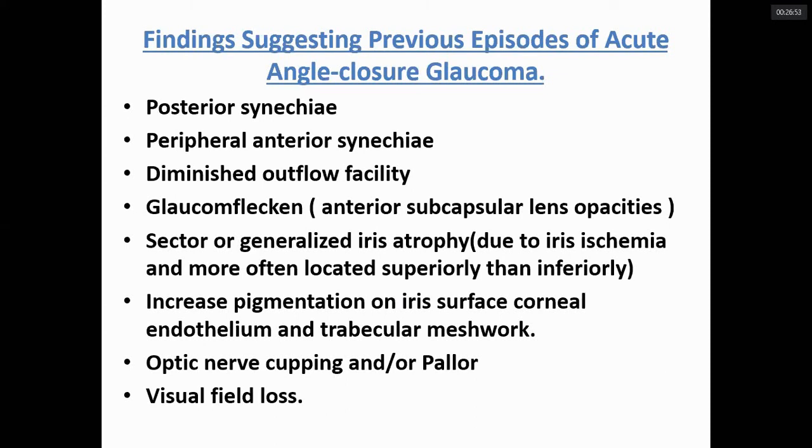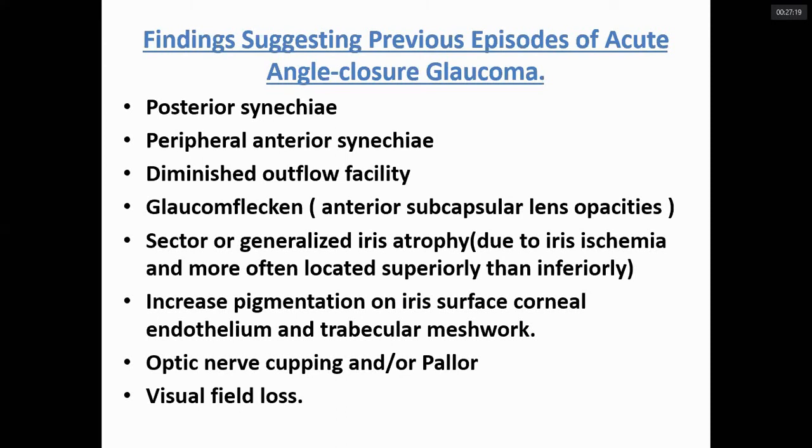So what is posterior synechia? It is the adhesion of the lens with the iris. Then peripheral anterior synechia, diminished outflow facility, and glaukomflecken, which is a very important finding, where there is anterior subcapsular lens opacity, and sector or generalized iris atrophy due to iris ischemia, more often located superiorly than inferiorly.